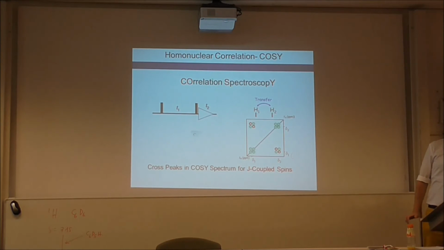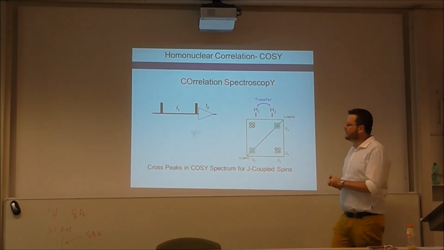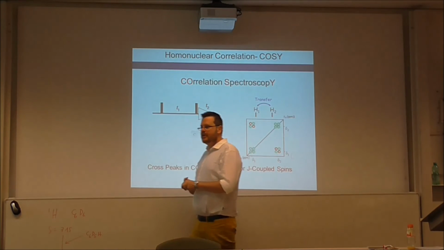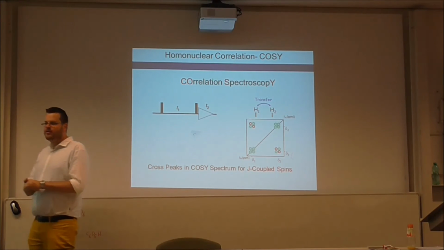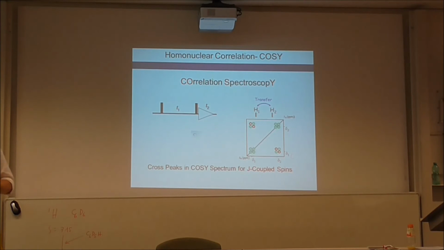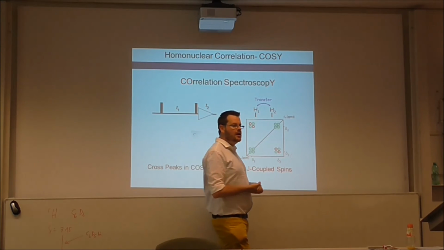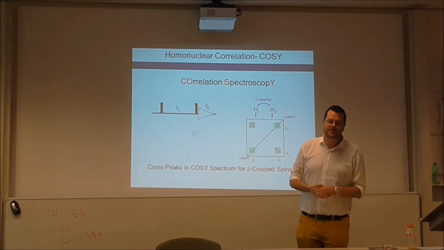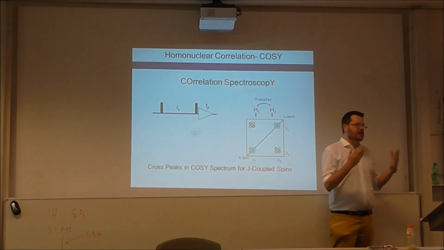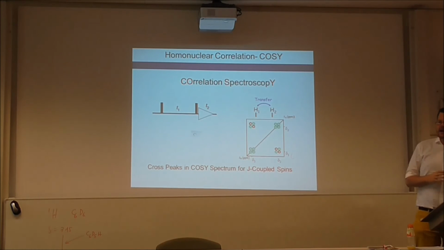Now a note on that, right? What sort of couplings do you see? Well, if it's homonuclear, you would see, for example, J1, J2, J3 couplings.